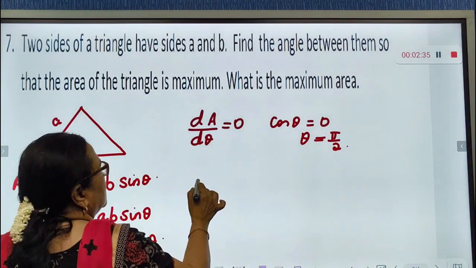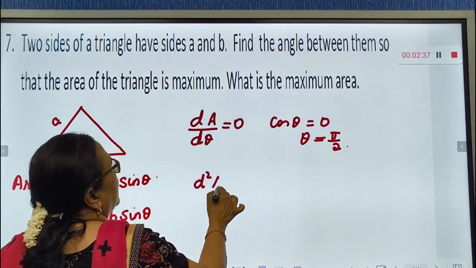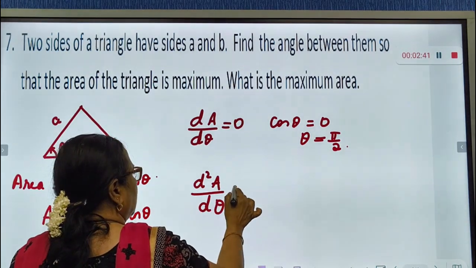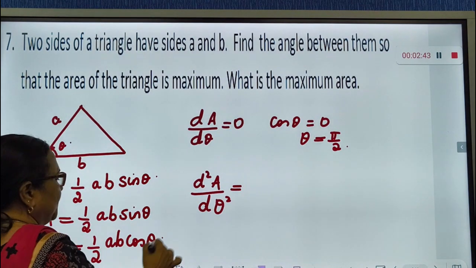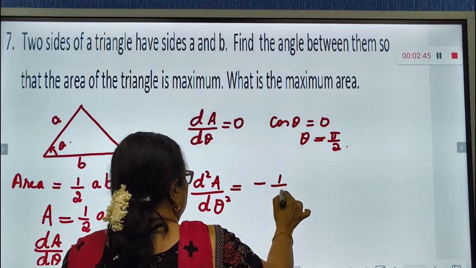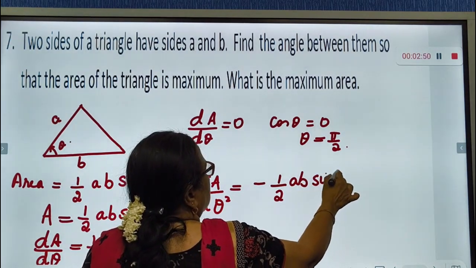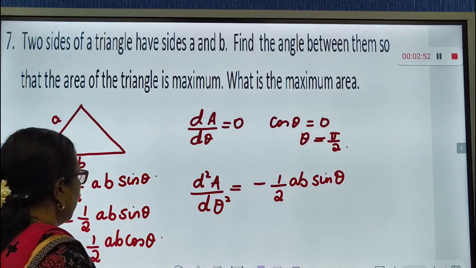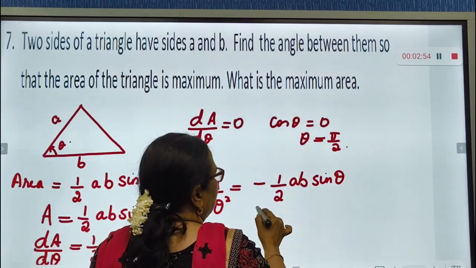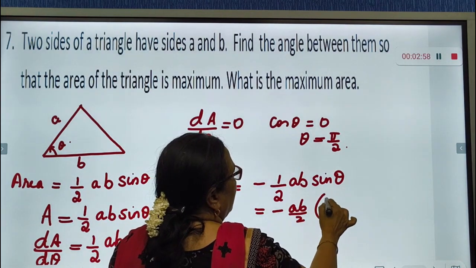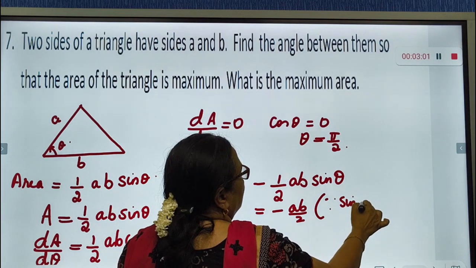Now what is d square A by d theta square? That will be minus half AB sin theta, because the derivative of cos theta is minus sin theta. At theta equal to pi by 2, it is minus AB by 2. Why? Because sin pi by 2 is 1.